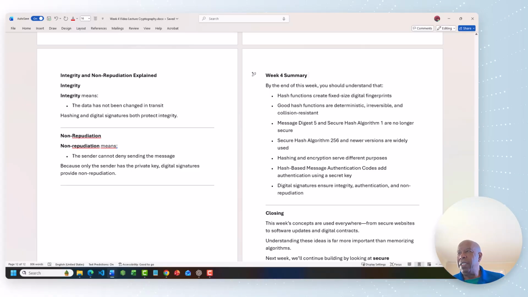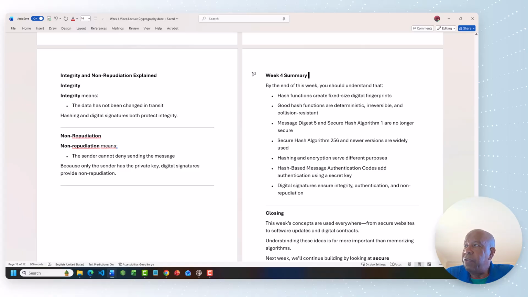So looking at the summary for week 4, as in the other cases, we're going to be jumping into your project, where you're going to be flushing this out with VS Code, setting up examples so we can actually see what's happening. By the end of the week, you should understand hash functions create fixed-size digital fingerprints.